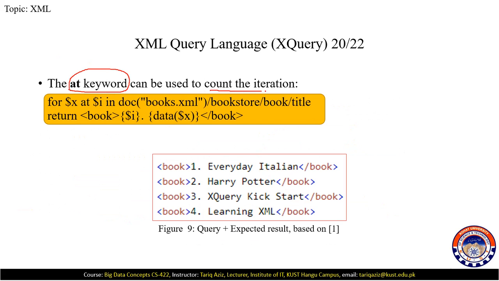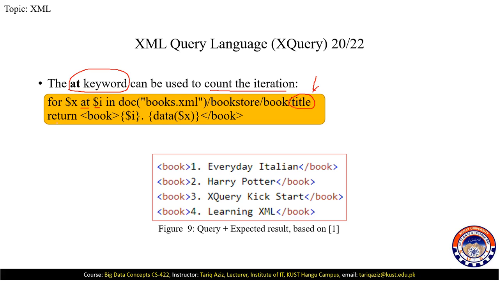Okay, now dear students, we can also use the at keyword, for what purpose? To count the iteration. So this is the query. In this case, we used the at keyword with this variable, and we want to retrieve the title element.